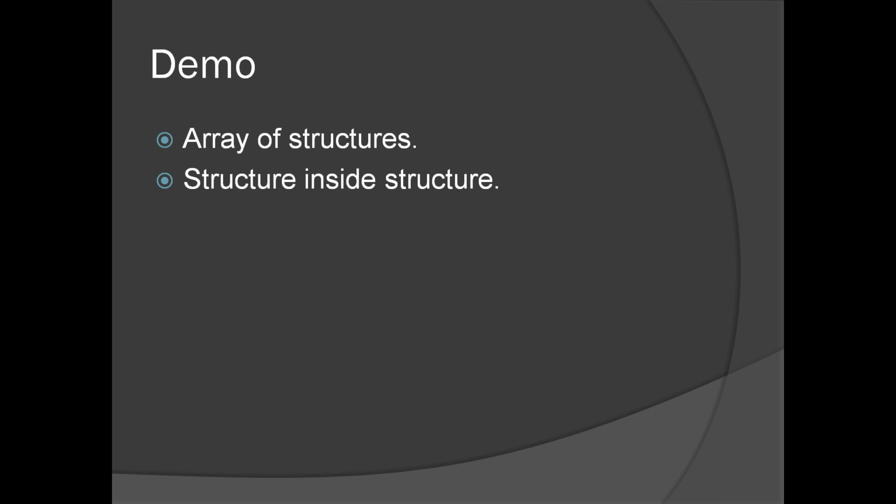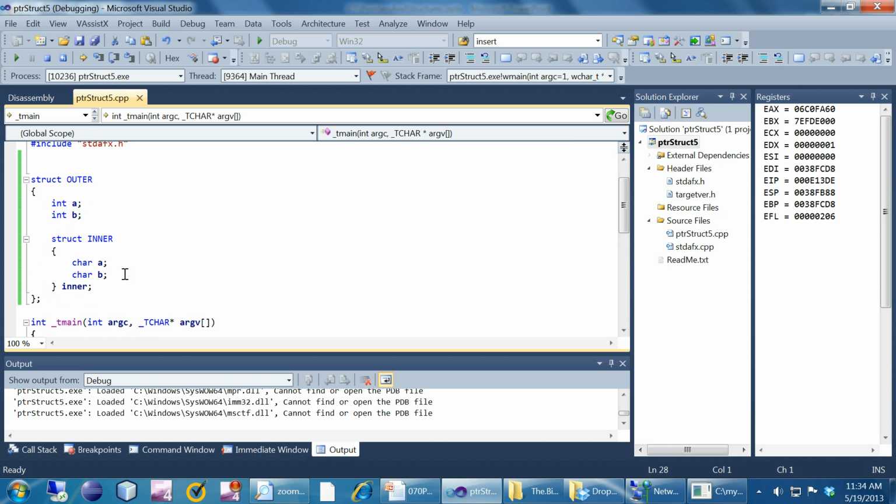So we'll see an array of structures and a structure inside a structure. So we have a structure here which has two integers, and there is one structure which is inside this particular outer structure. So again it has the same name, just to show that it is inner and there is no conflict.